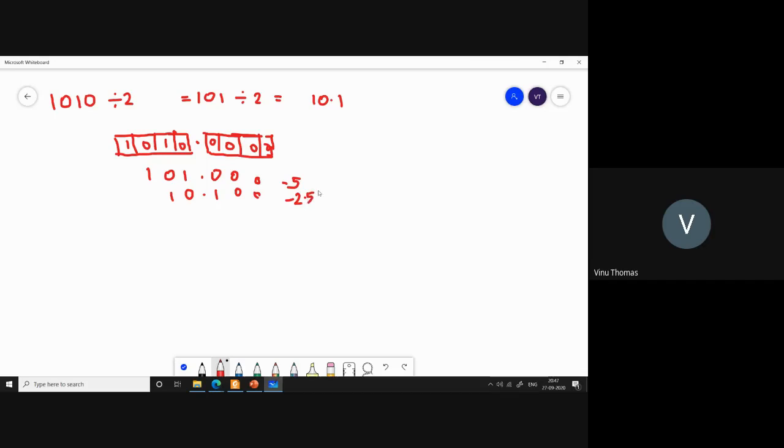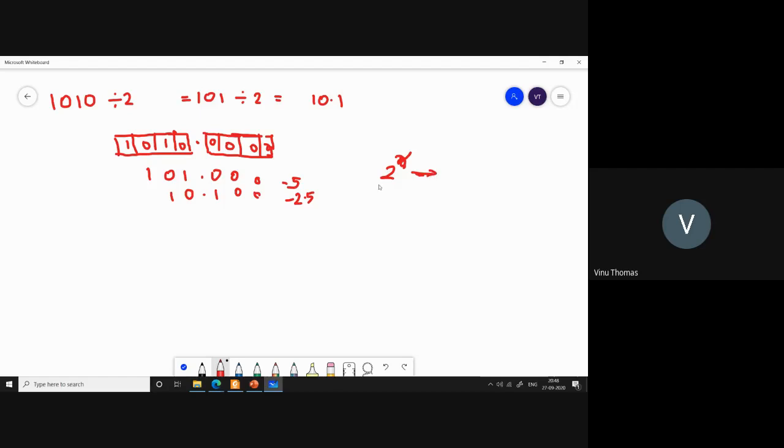So division by 2 is equivalent to shifting by 1 bit to the right. Division by 4 is shifting by 2 bits to the right. Division by 8 is shifting by 3 bits to the right. And division by 2 raised to r is shifting by r bits to the right. Is it understood?